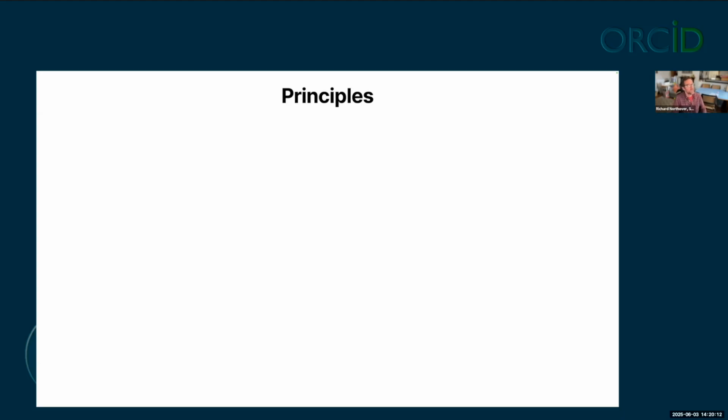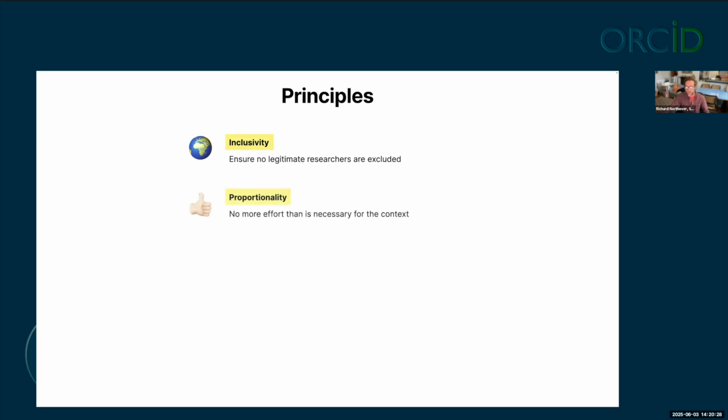The report does go into this in quite a lot of detail, but in summary, we need to make sure that verification doesn't exclude people, because it's something as I'll explain it could do. We need to make sure that it's proportional. It's not asking for more information or requiring more effort than is necessary for the context.